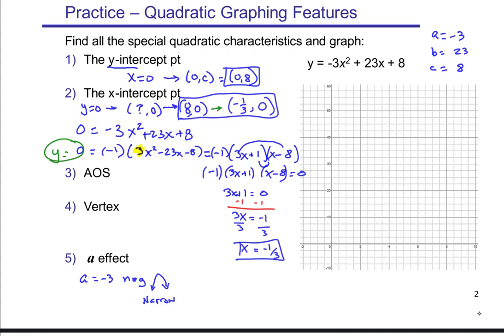And maybe we should plot some of these points that we've figured out here. We've got 3 of them. Now the y-intercept, we cross the y-axis at 8. Now notice the scaling of this thing is very different. The y-axis goes all the way up to 60. And this first mark here is at 10. So we're going to have to count by 2s. 2, 4, 6, 8. No, we're going to have to count by 2.5s.